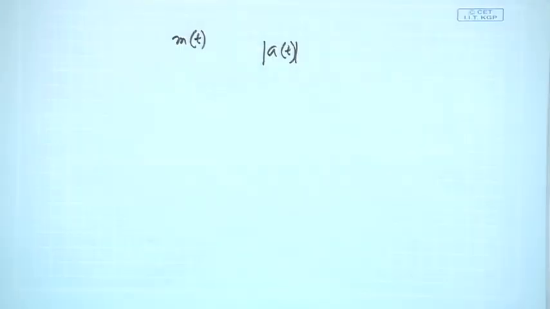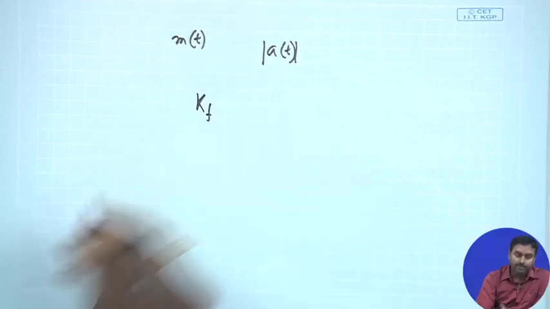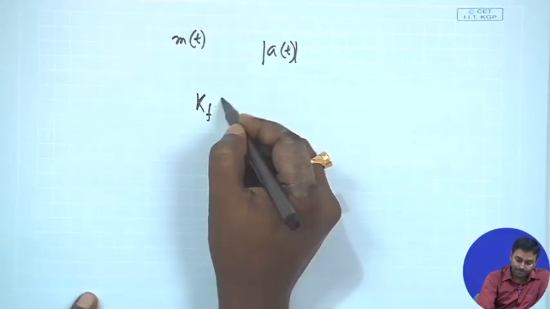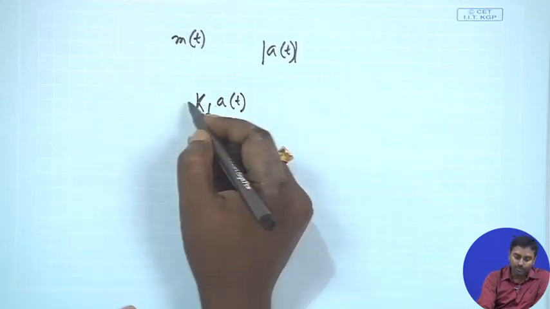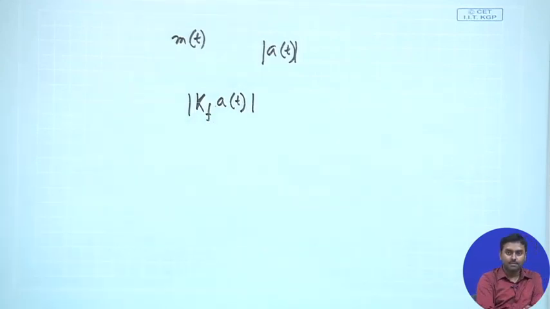Basically, even the differentiation or integration will remain bounded. So, I can always say this is bounded, it does not approach infinity. I can then say K_f, which is a constant, times A(t), also remains bounded.